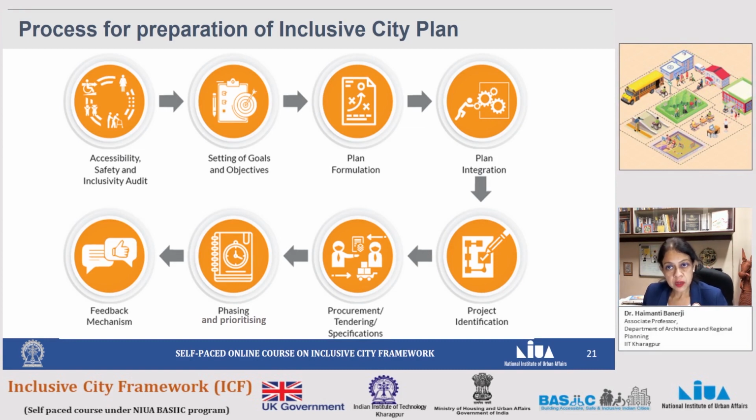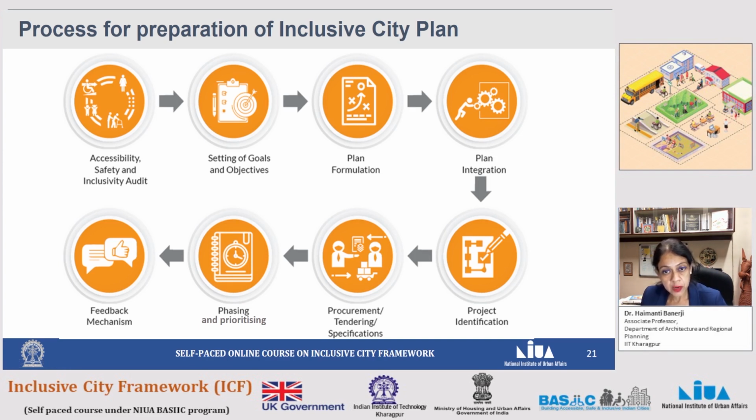So coming to the various steps in the process of preparation of ICP, once we are done with the assessment. Next steps are preparation of plan based on the city specific targets. At this stage, the most important task is to integrate the proposals with the existing plans.